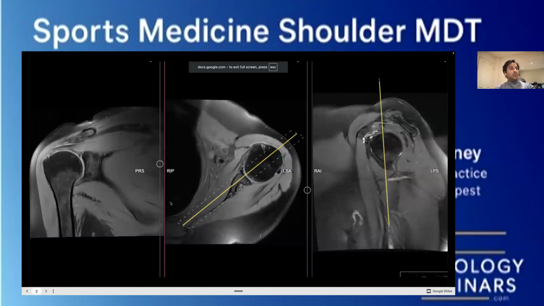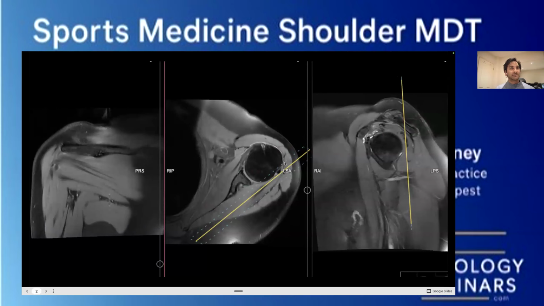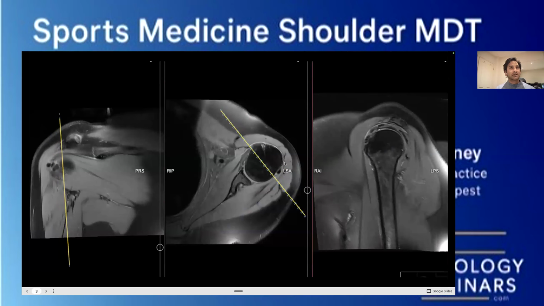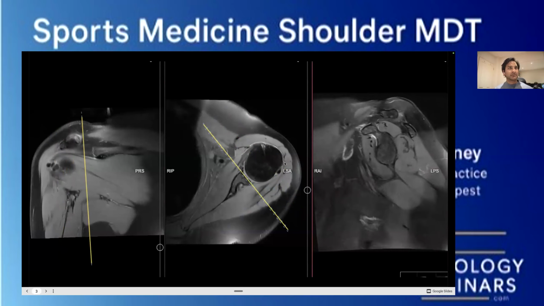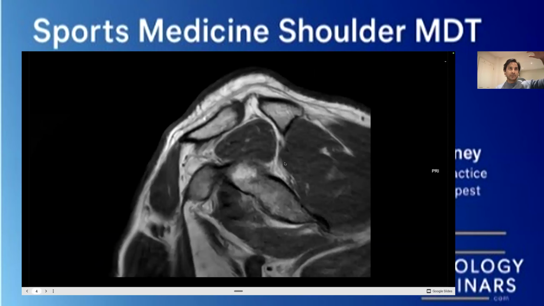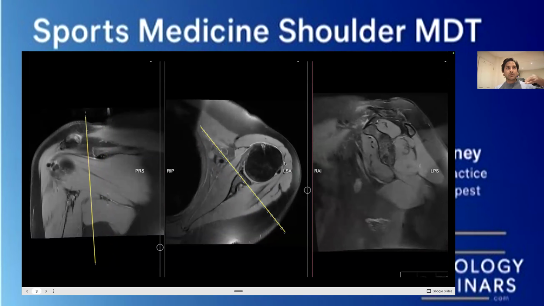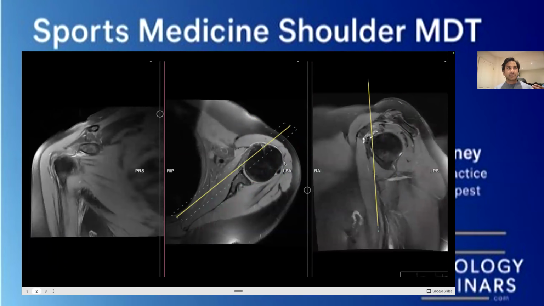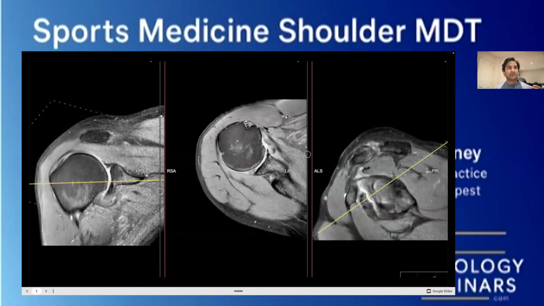Yeah, so this is one of the learning points from this particular scan. When you're looking at that biceps tendon, at first it looks like there are some bright areas if we go on the actual views looking from the top. But it doesn't always correlate with underlying pathology. The way to do that is by first having a look at that biceps tendon. If it looks slightly abnormal on this particular view, try and remember where you are and then look at it on another view.